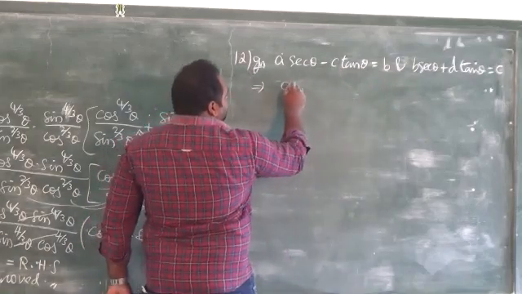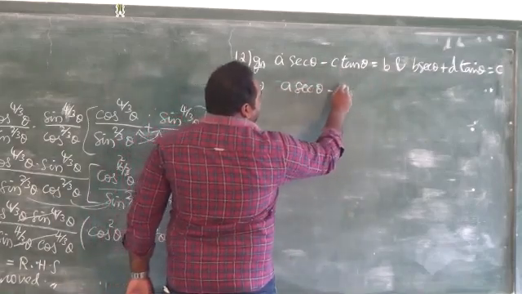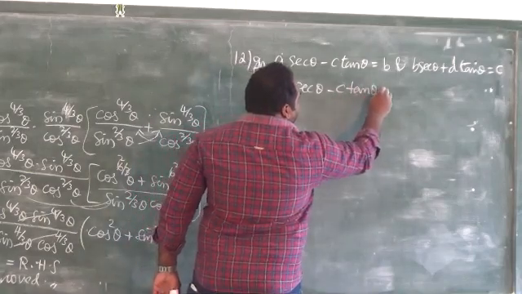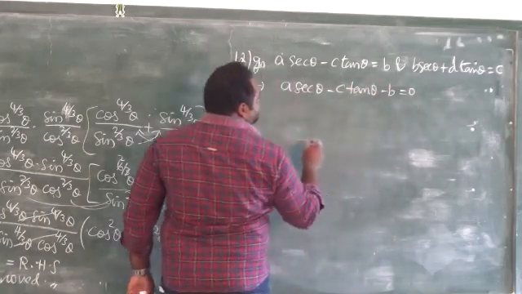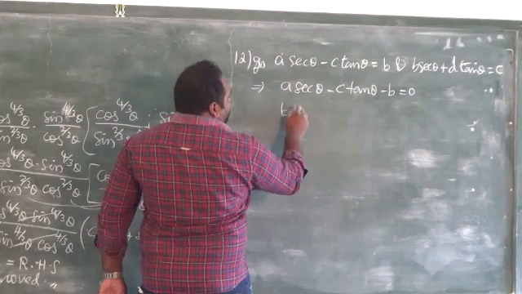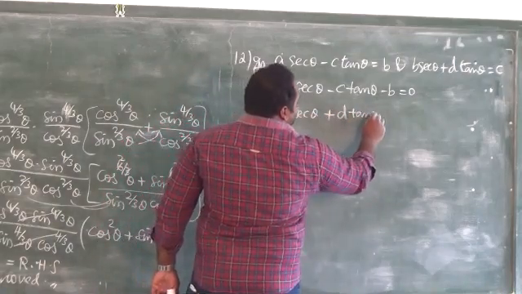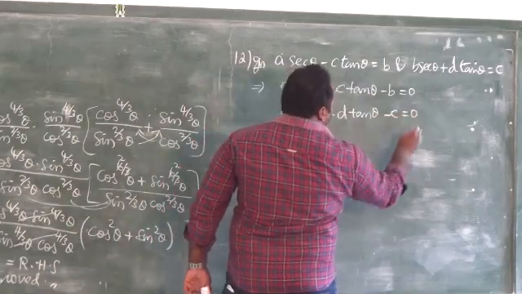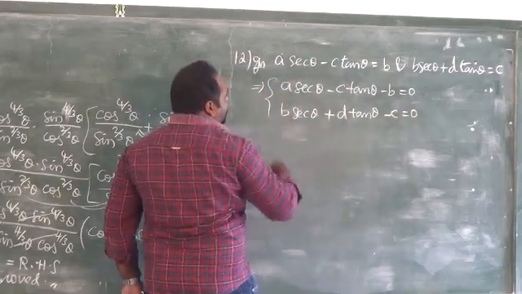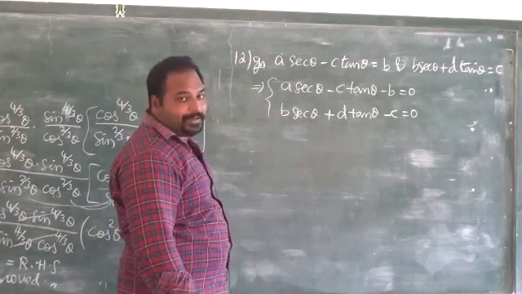So this will be a secant theta minus c tan theta minus b equals 0, and b secant theta plus d tan theta minus c equals 0. So by these two equations I am going to compare.